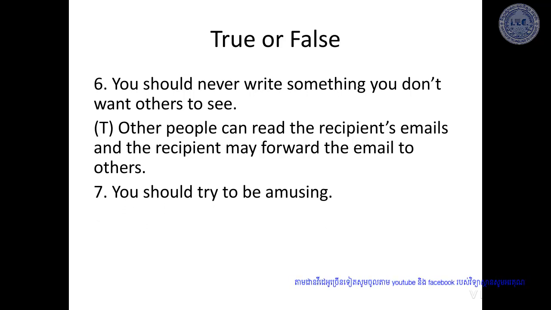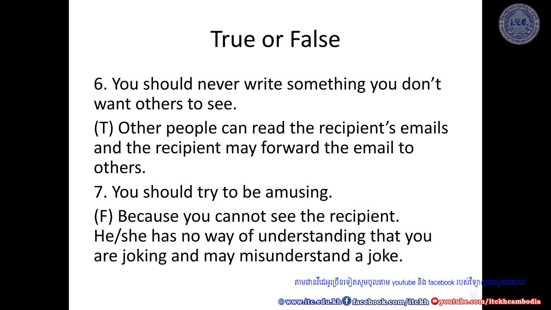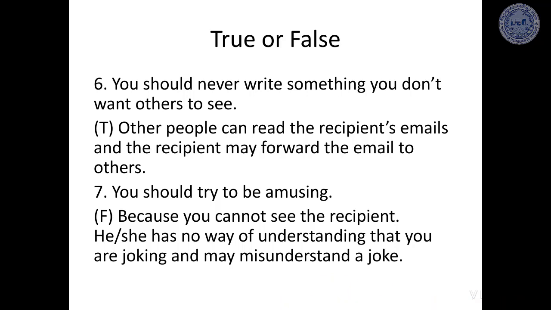What do you think for this statement? It's false, because you cannot see the recipient. It is a form of writing. You cannot see the recipient, so there is no way that he or she will understand what you are joking. And sometimes when you try to be amusing, the message can be misunderstood as well.